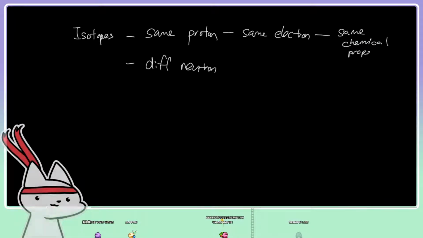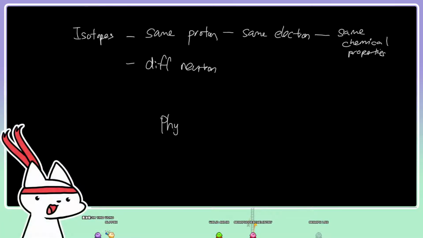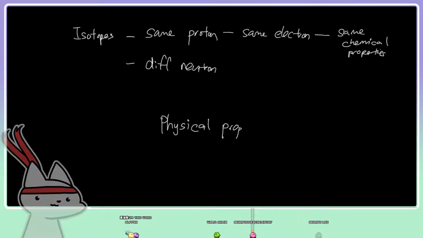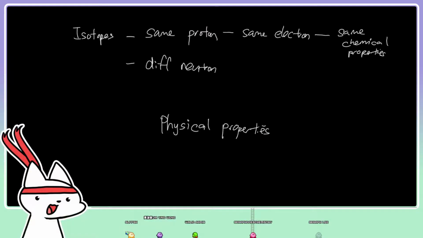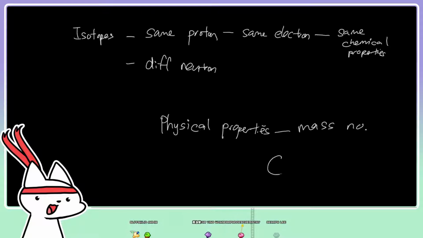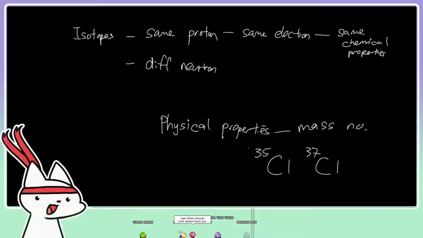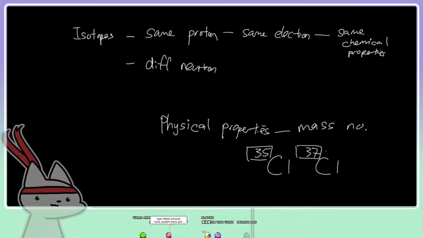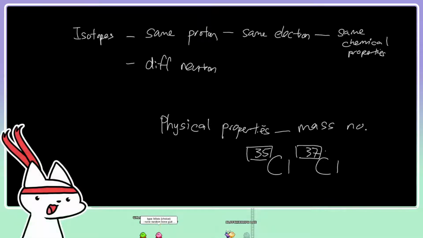But when it comes to physical properties, which means anything you can measure, they are affected by the mass number. And mass number is the big number like 35 and 37. If the big number is different, the mass number is different, then the physical properties will be different. Physical properties such as melting point, boiling point, density, mass, weight, stuff like that.